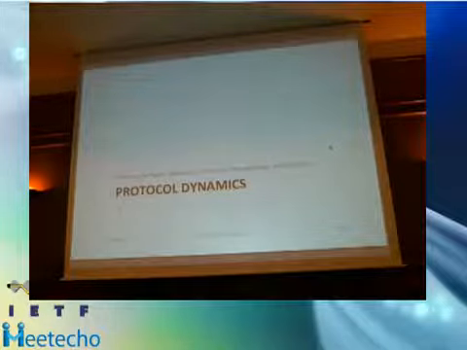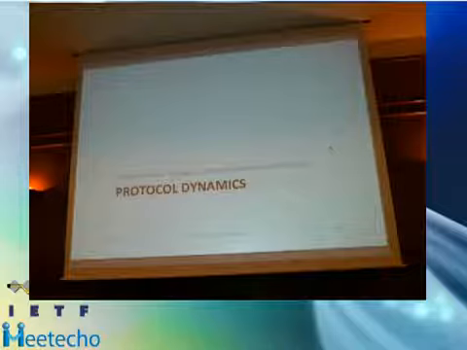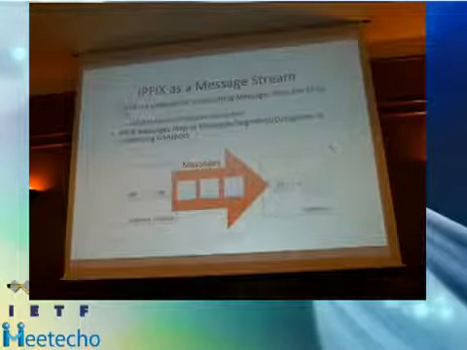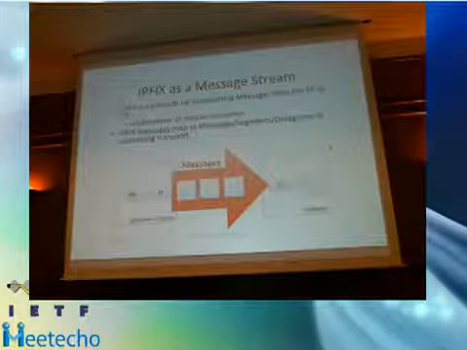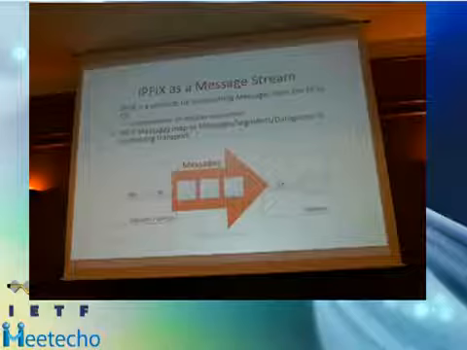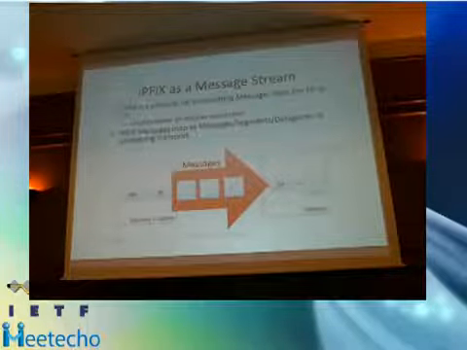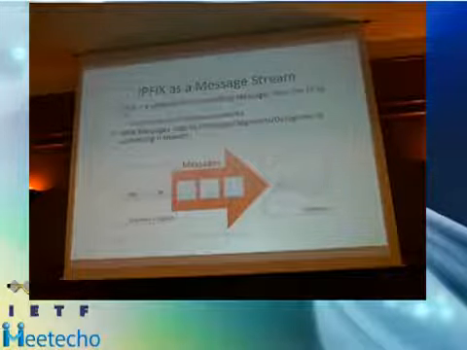Other questions about structure before I go into how this stuff all flies around the internet? Okay, cool. So like I said, IPFIX is best thought of as a stream of messages that go from the EP to the CP. And the messages generally map to messages, segments, or datagrams in the underlying transport.